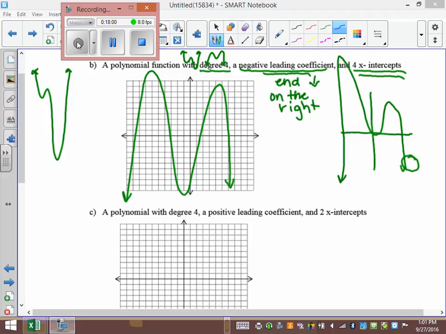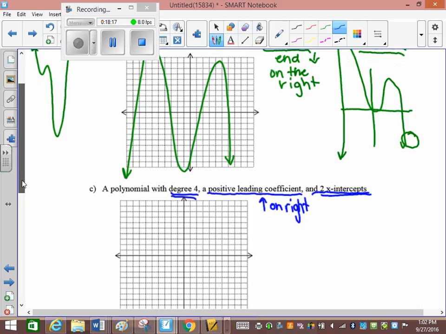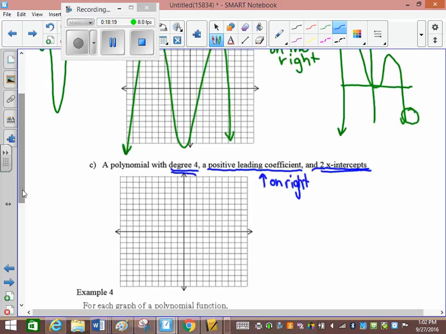So degree 4 means arms in the same direction. Positive coefficient means up on the right. 2 x-intercepts means I'm going to touch tangent twice. Because what I'm technically going to have to do is just bounce and bounce.